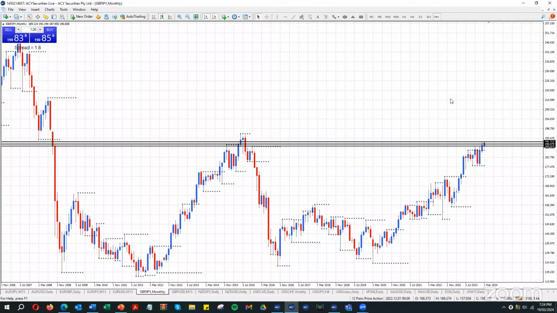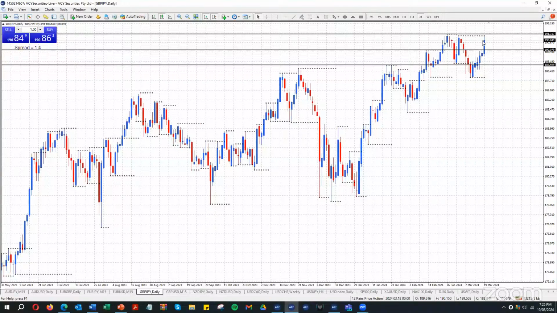Maybe there are retail traders that don't know what they're doing, but the market will know that we're at very high levels. So, even on the day chart here, we haven't taken out this high yet, so we could still hold a downtrend here and put in a further lower top here.